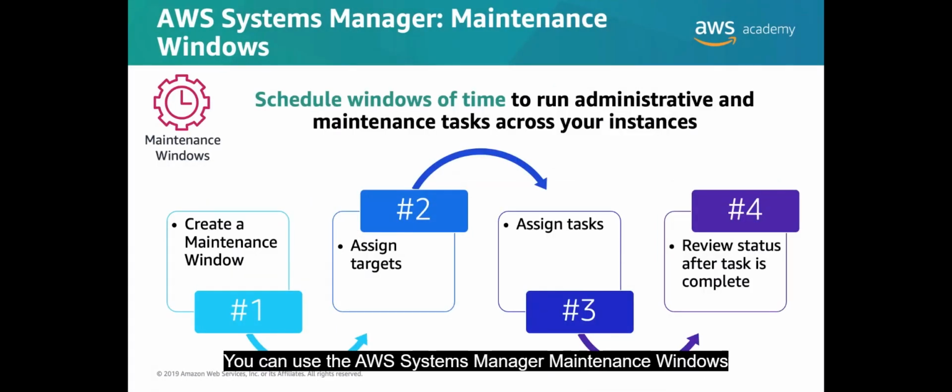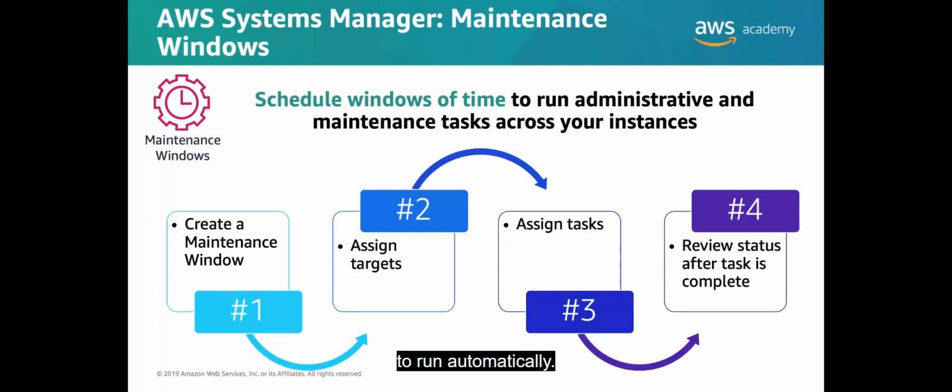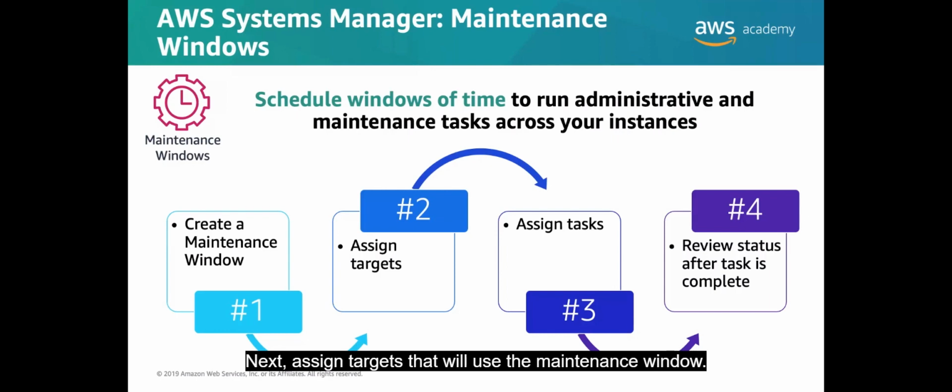You can use the AWS Systems Manager maintenance windows to schedule regular tasks like patching to run automatically. You can set limits for simultaneous activities and allowable error rates. To implement a maintenance window, you must first create a maintenance window. Next, assign targets that will use the maintenance window.